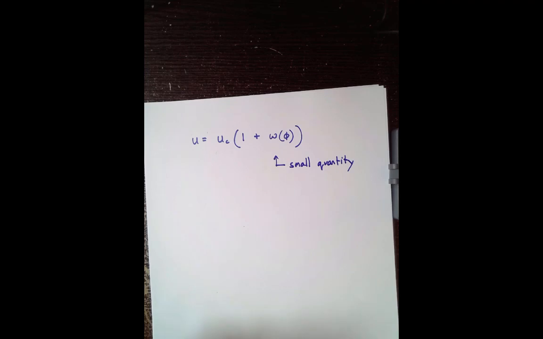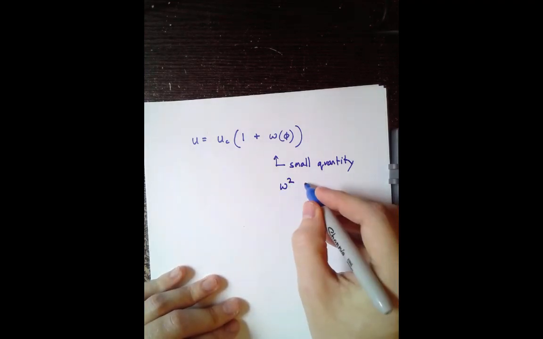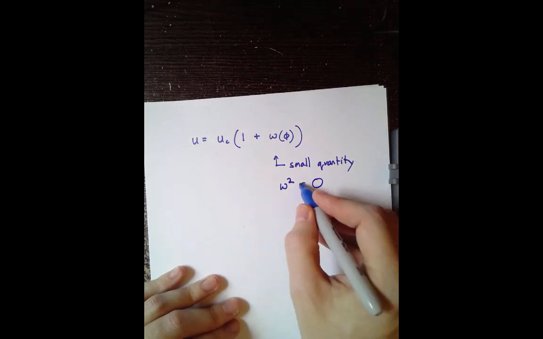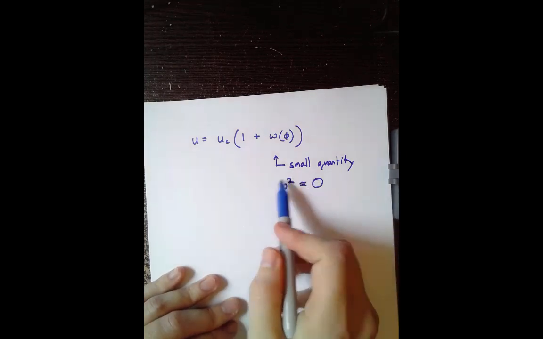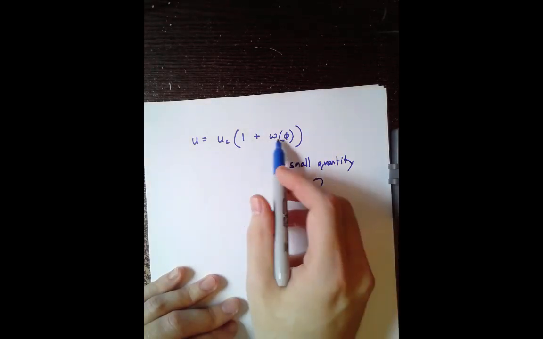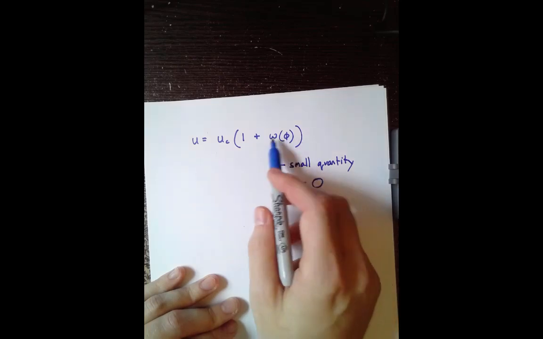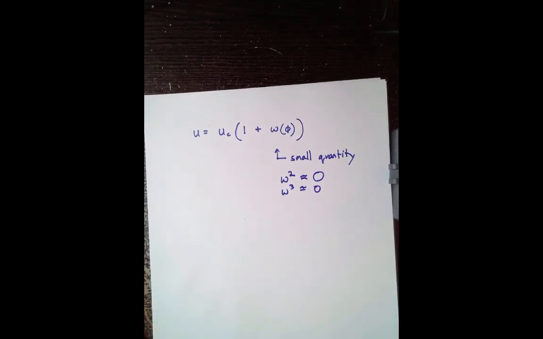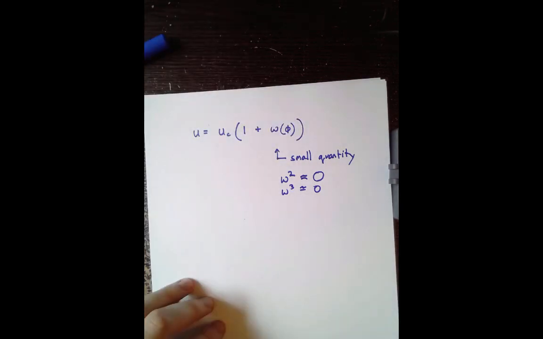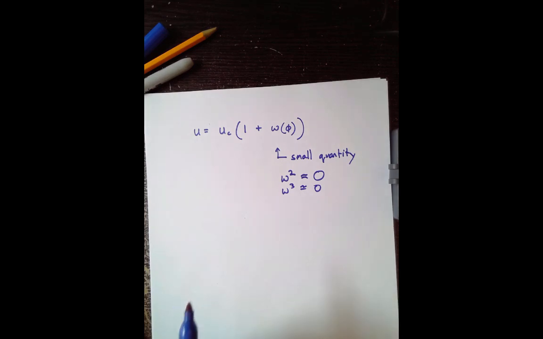And in mathematics and physics, a small quantity is something where you can assume that its square is practically zero, and you can forget about any terms that creep into your equations that involve this squared or this cubed and so on. Any powers higher than 1 you can neglect as unimportant. And that's the key to simplifying the equations.